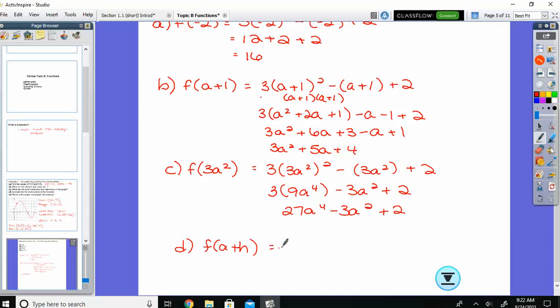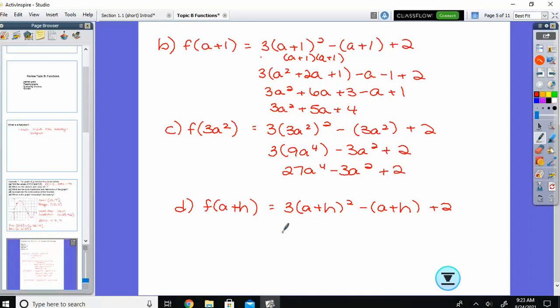And D, f of a plus h. When you do a plus h squared, you have to write it twice and FOIL it, so you get a squared plus 2ah plus h squared.